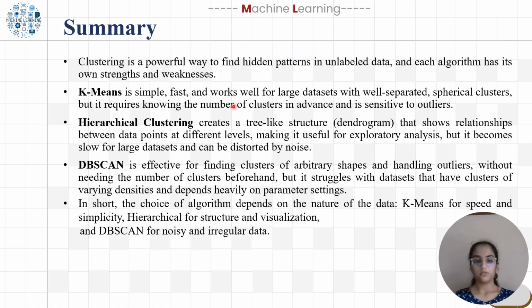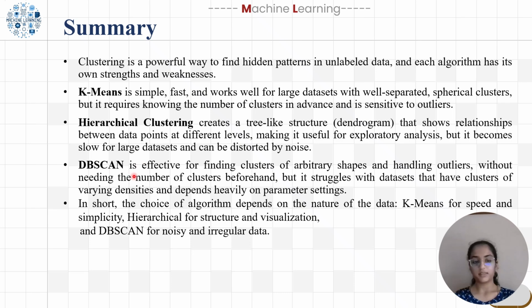K-means is simple, fast, and works well for large data sets with well-separated spherical clusters, but it requires knowing the number of clusters in advance and is sensitive to outliers. After that, hierarchical creates a tree-like structure called a dendrogram that shows relationships between the data points at different levels, making it useful for exploratory analysis, but it becomes slow for large datasets and can be distorted by noise.